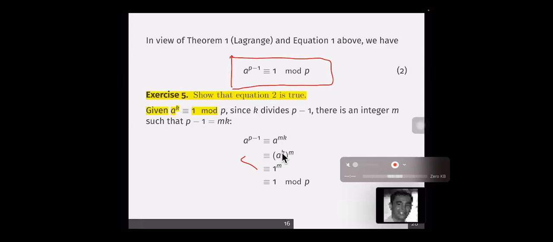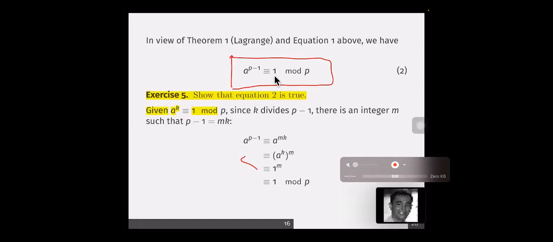Now, because of the law of exponents, you can permute this, diba? Pwedeng baliktarin to. So this can be a to the k raised to the m. But since a to the k is equal to 1, therefore a to the p minus 1 is equal to 1.